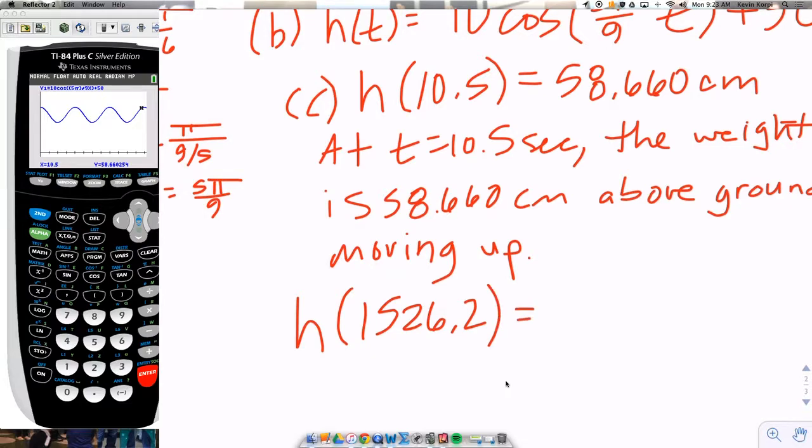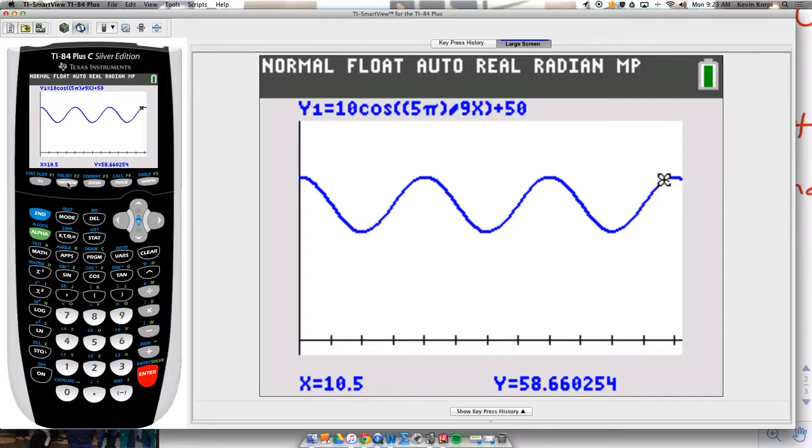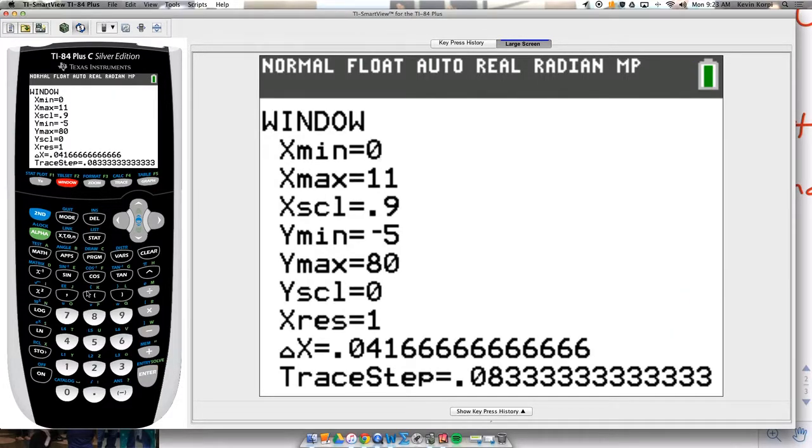You don't want to have to sketch your window to go from 0 to whatever, because what's going to happen? It's going to start having so many different cycles. So what you can do, if you want to do it from your graphing screen, is set your x min to something like 1526, and then your x max to like 1527. And then 1526.2 is somewhere in there.